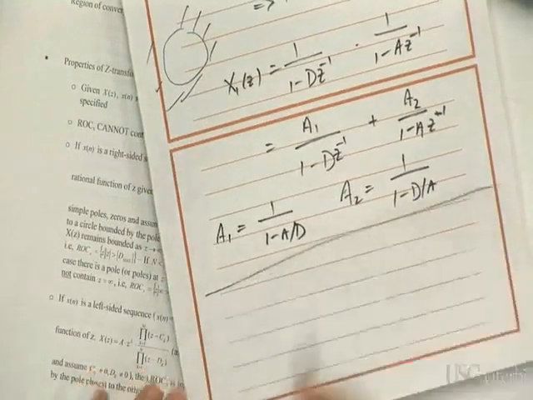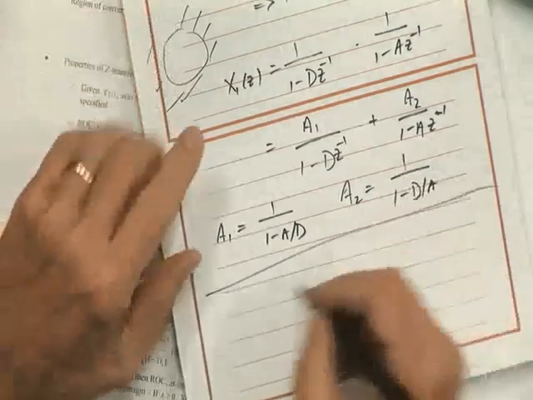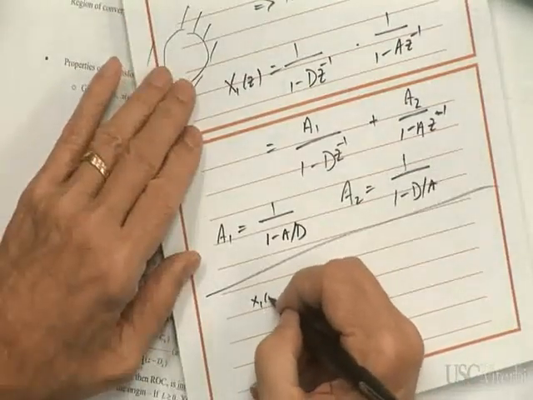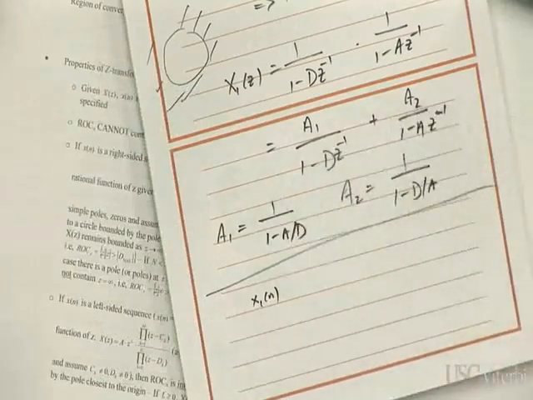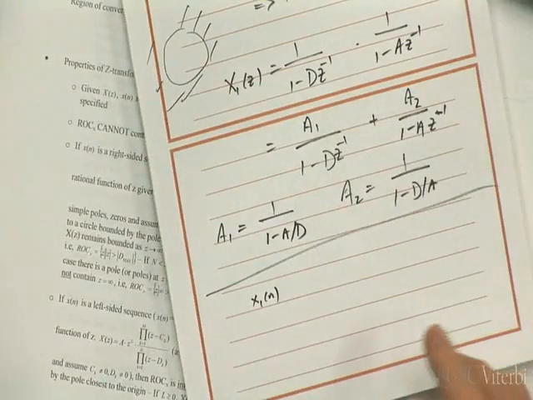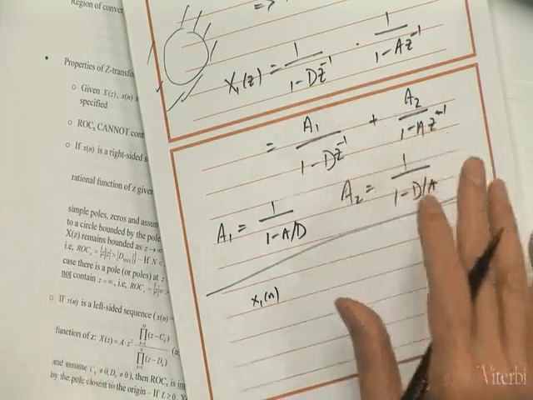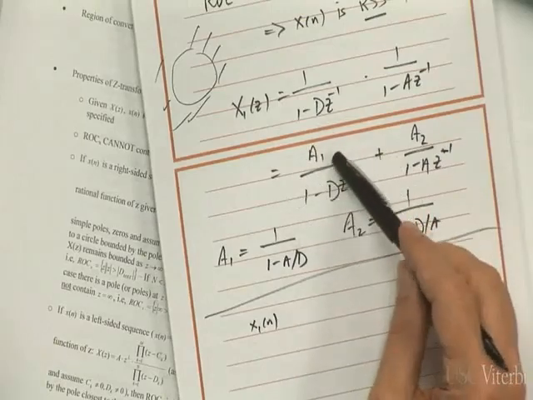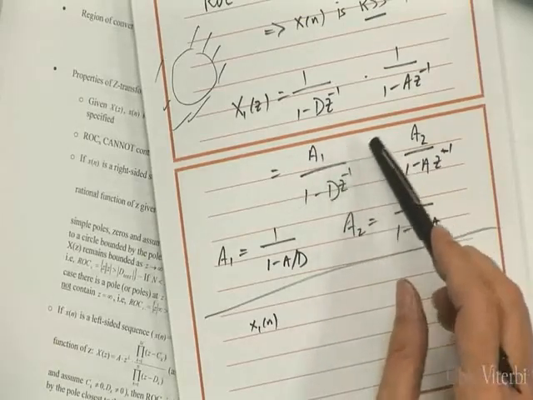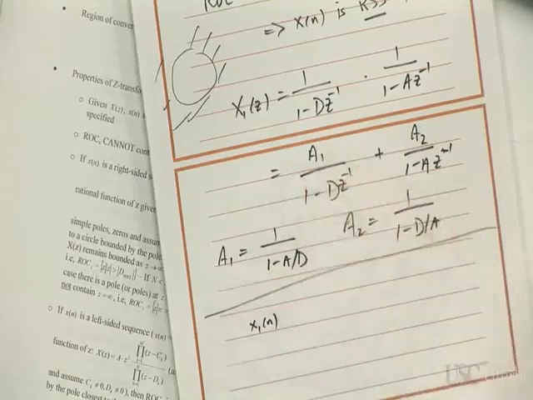Okay, now let's take a look. What is x1 of n? Well, now we've written it as a sum of these two inverse z-transforms. But as I've told you, if I give you a z-transform of this form, you don't know immediately if it's right-sided or left-sided.